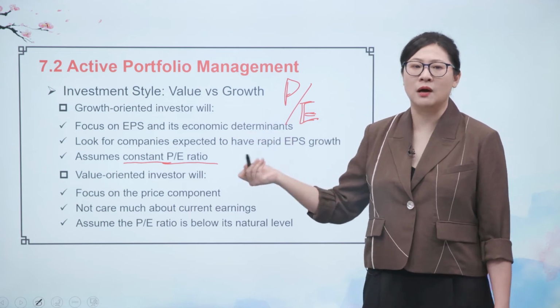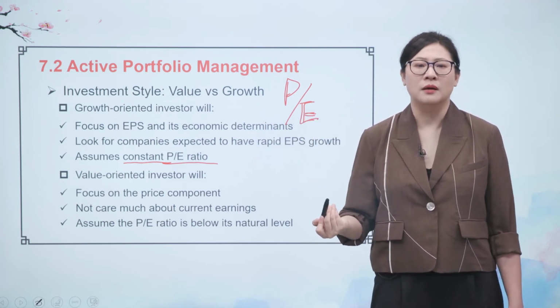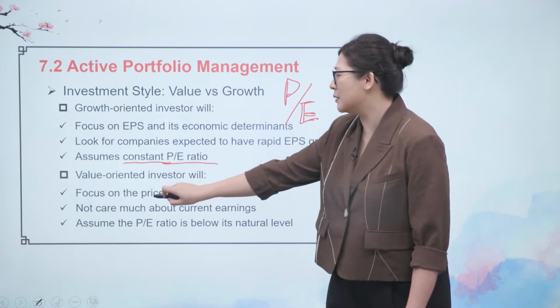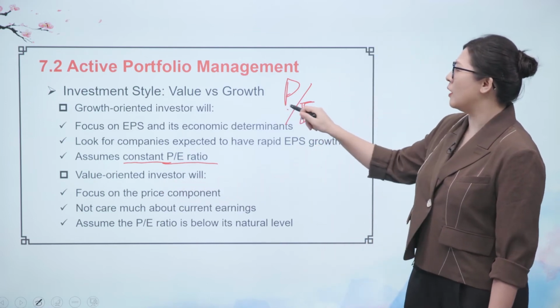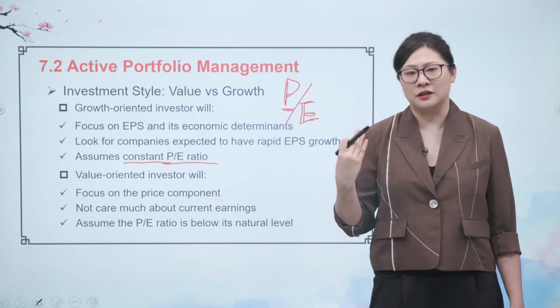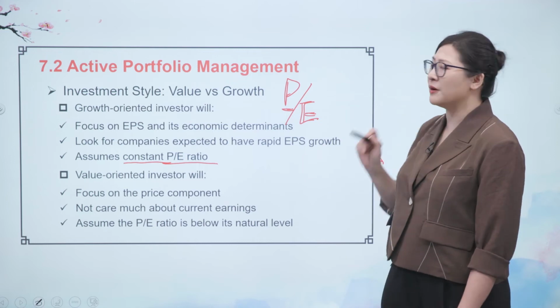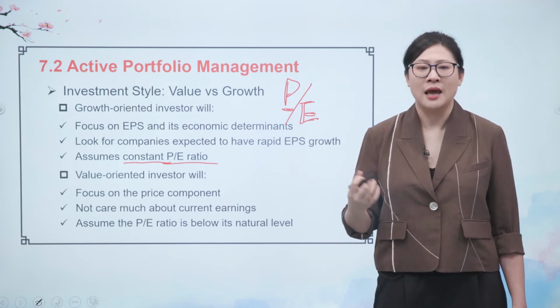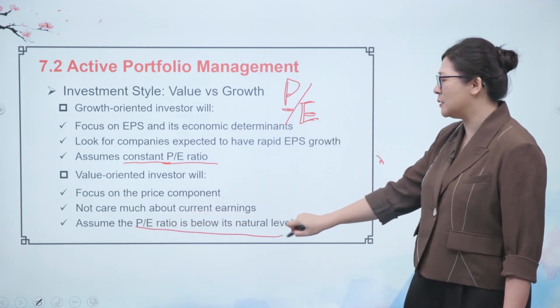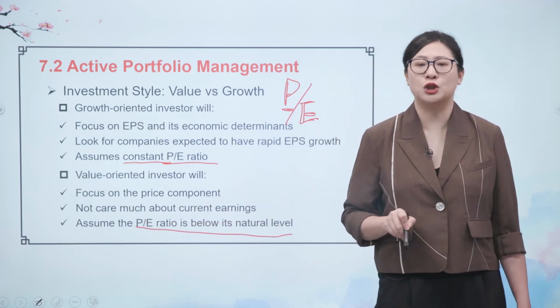Opposite to the growth-oriented investor, the value-oriented investor will focus on the price component. So they will focus on this P and not care about the current earnings. The earnings per share is not relevant. And they will assume that the PE ratio is below its natural level.